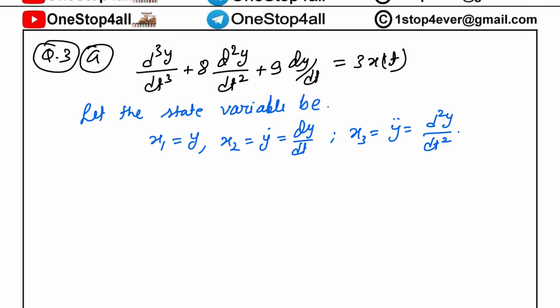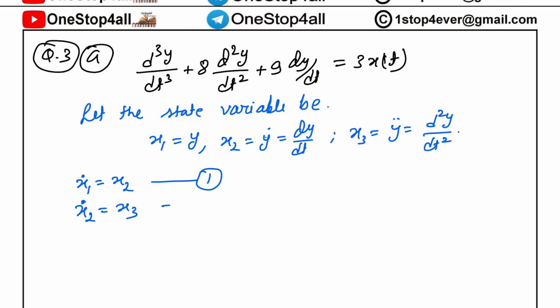Okay. Now, if this one is your state variable, then what can we write? x1 dot will be equal to what? x1 dot means y dot, that is your x2. So, x1 dot will be x2. So, equation number 1. Similarly, x2 dot, what can we write? x2 dot means y double dot, which is x3.